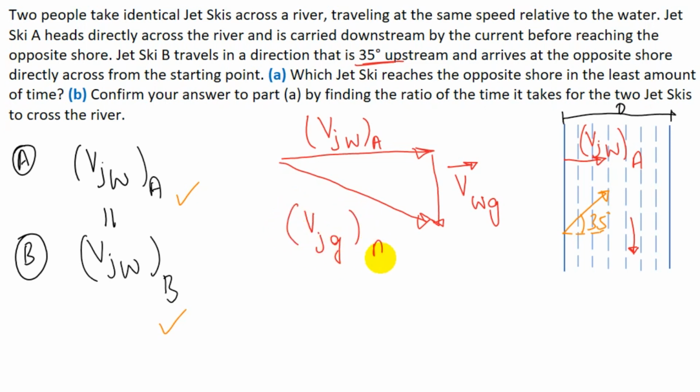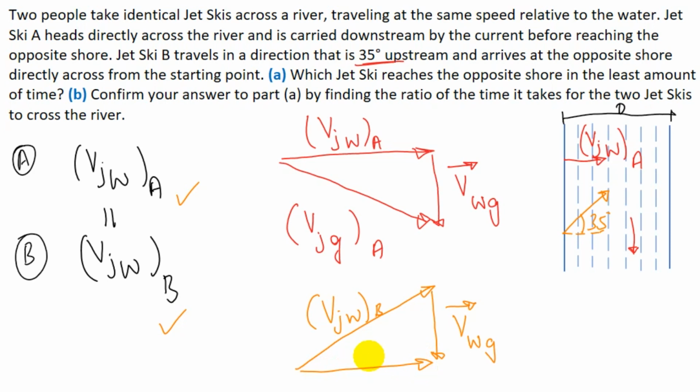This is for A. Similarly, we can draw it for jet ski B. It starts like this. This is the velocity of jet ski relative to water, for B. Sorry, this is J here. And this is the velocity of water relative to ground. And this will be our velocity of jet ski relative to ground.